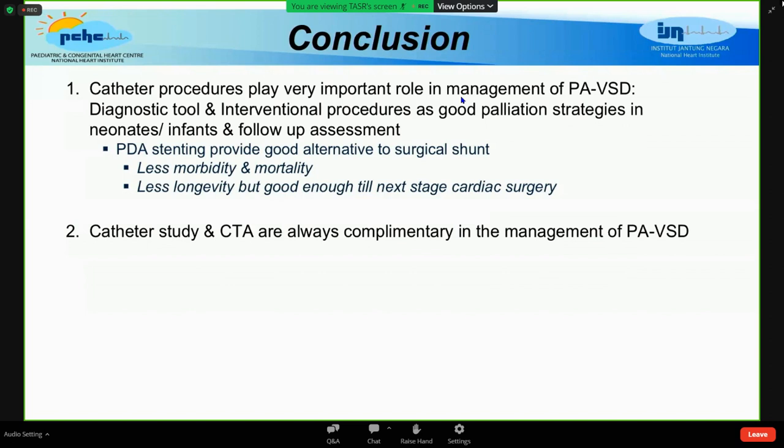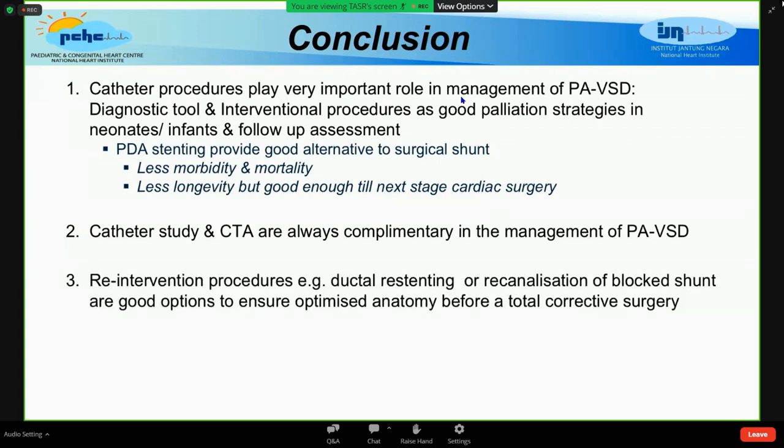Catheter study and CT angiogram are always complementary to each other in the management of PA-VSD, especially in the presence of MAPCAs. And re-intervention procedures like ductal stenting, restenting, and recanalization of blocked shunts are good options to optimize the anatomy before the corrective surgery.